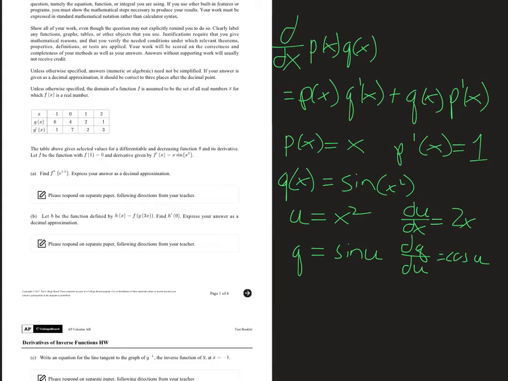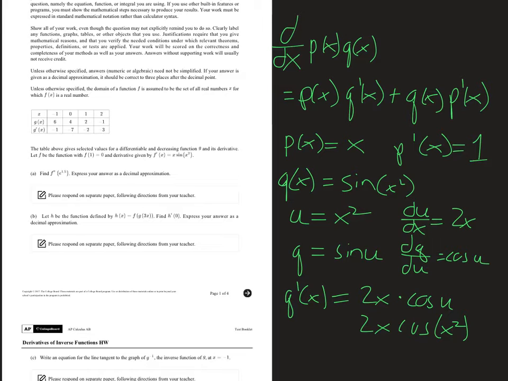Multiply that together and plug back in for u, and that will give me q prime of x. So that's going to be 2x times cosine of u, where cosine of u is really cosine of x squared, because u is equal to x squared. So all that is just q prime.